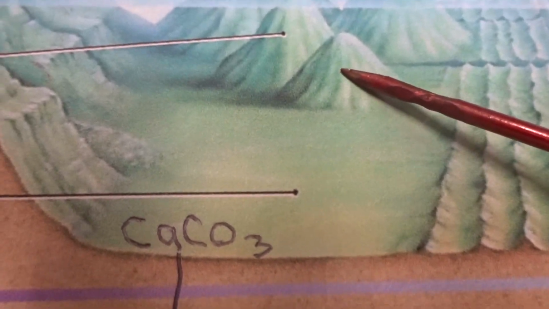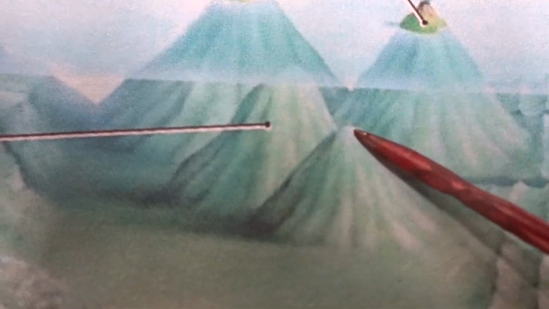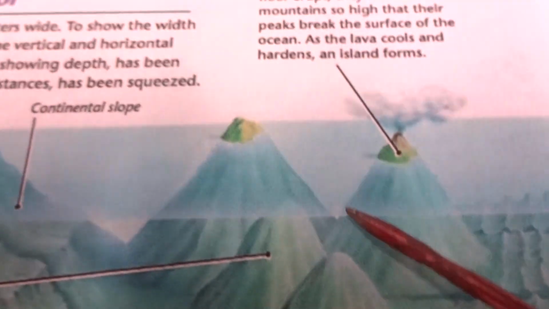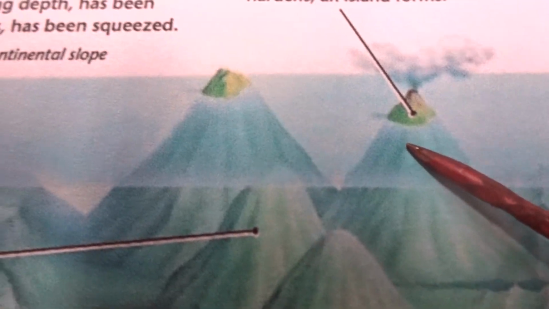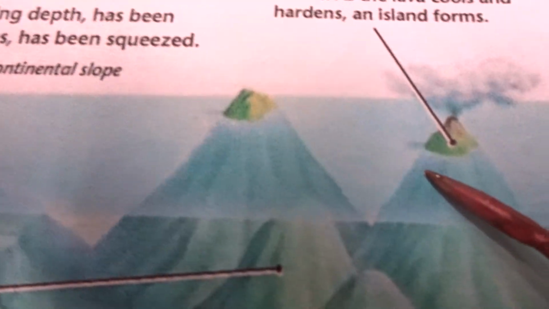Guyots don't reach the sea surface. These are underground volcanoes. Many of them are paleovolcanoes, or no longer active. Seamounts. An example of a seamount is the Hawaiian Islands.